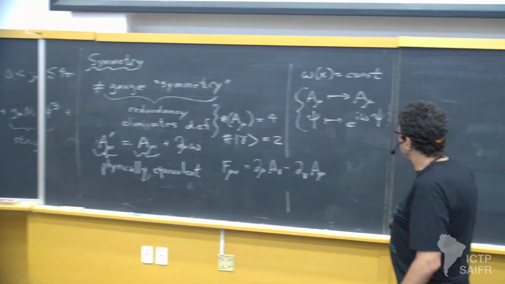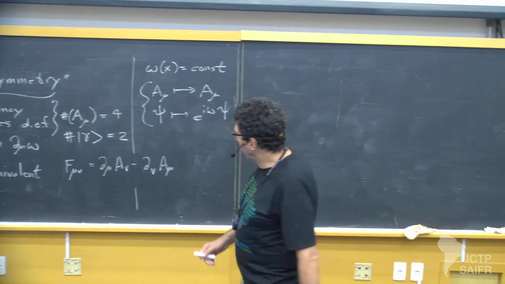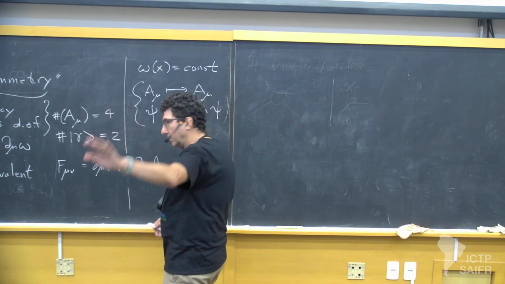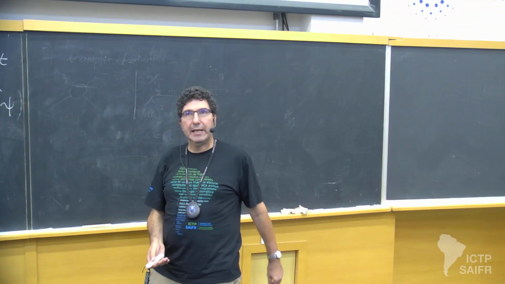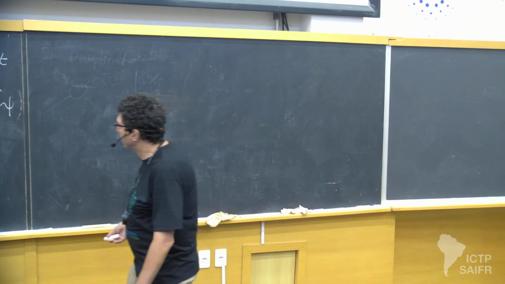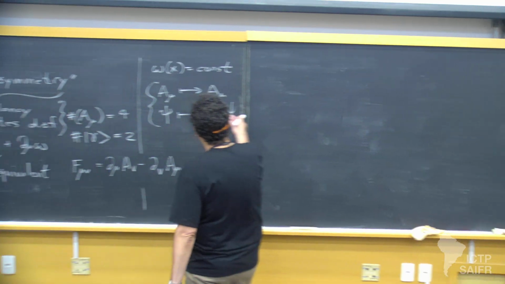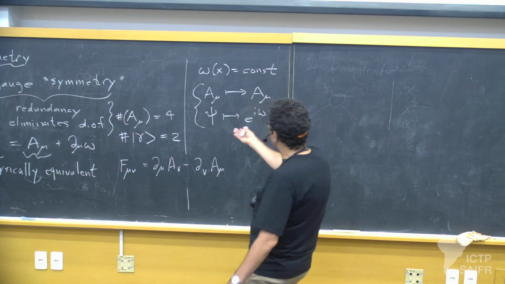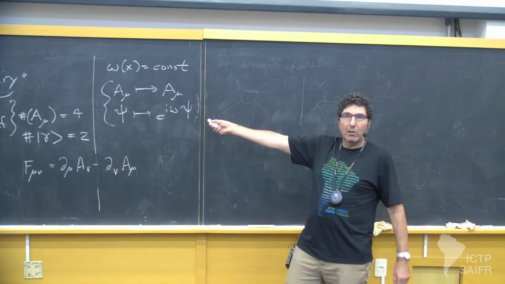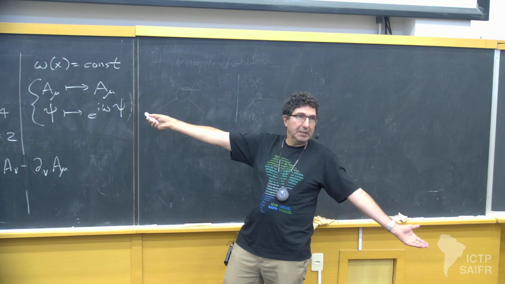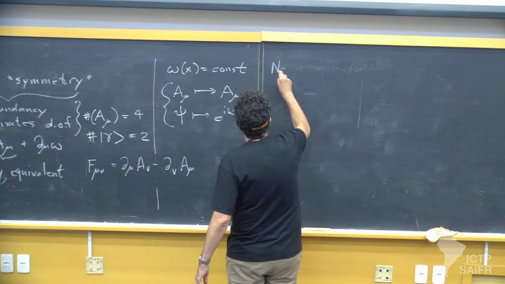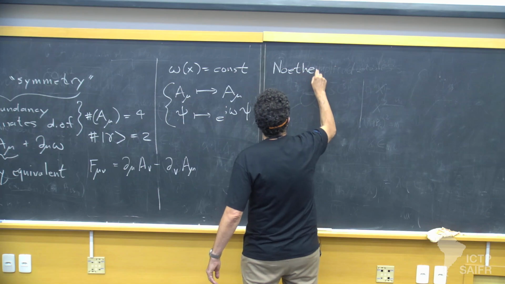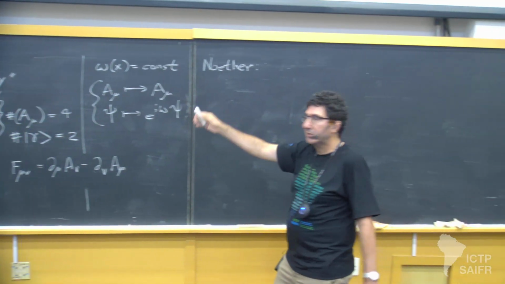But since I started on this, I'm going to keep going. It's still a good question. You can look at this special case, and this looks for all the world like a symmetry. In fact, you can just apply Noether's theorem to this, and guess what?